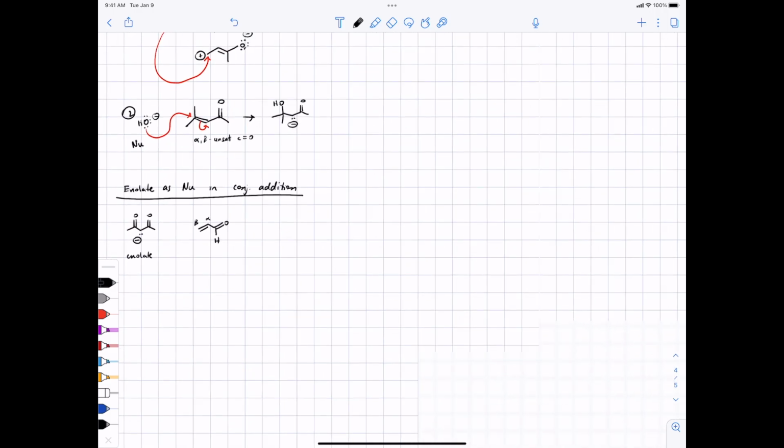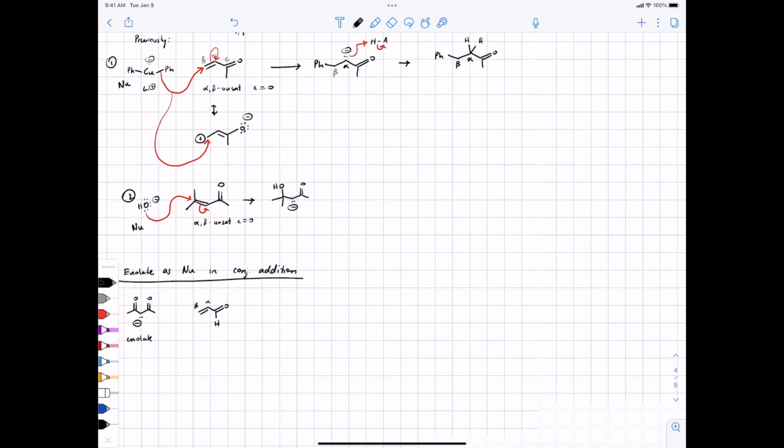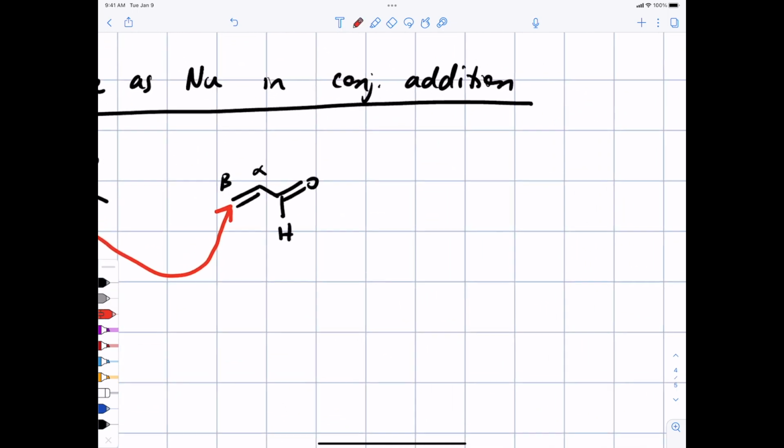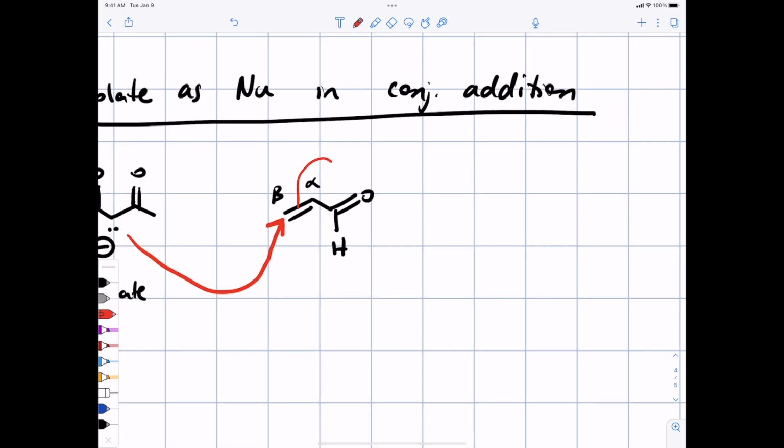You're going to do just what we did above for cuprates or for alcohols. The enolate attacks the beta carbon. The beta carbon is electron poor. Why doesn't the enolate attack the carbonyl carbon? If it did, that would be an aldol reaction.